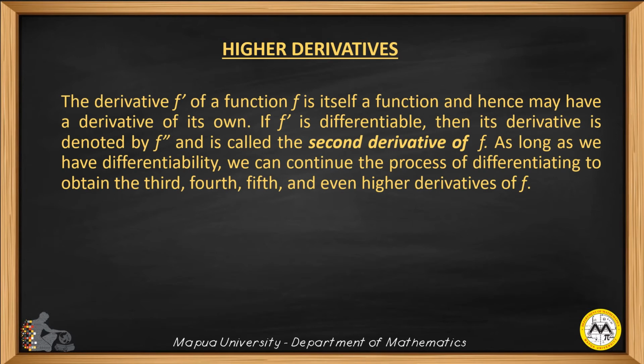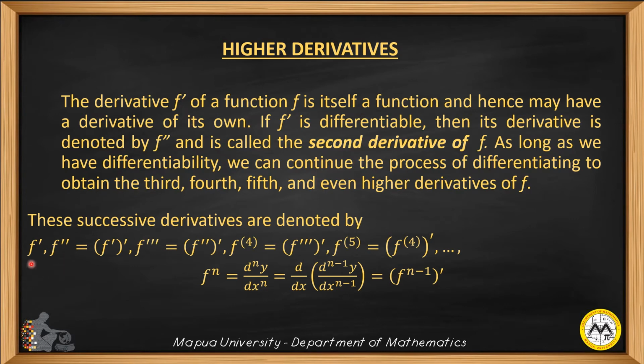In the past lessons, given y a function of x, we determined the derivative dy/dx. This is what we call the first order derivative of y with respect to x, denoted by f prime or dy/dx.